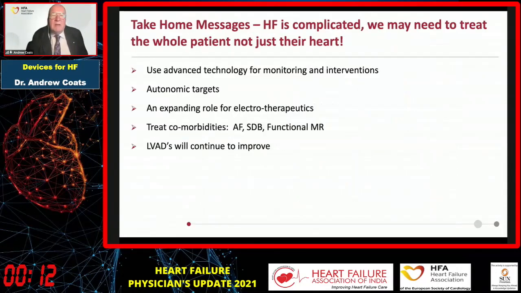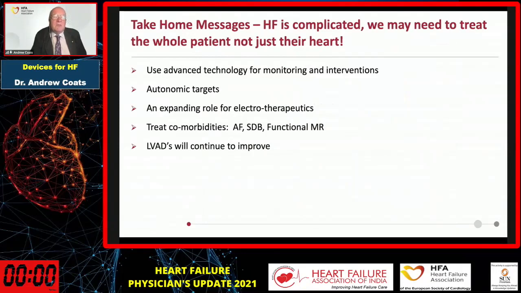So in summary, take-home message: heart failure is complicated, and we should think about device treatments as well as drug treatments. We need to treat the whole patient and not just their heart. So many of these devices are not targeting the heart at all.